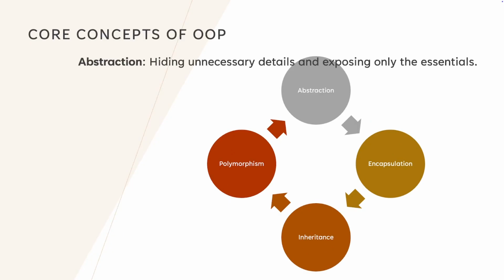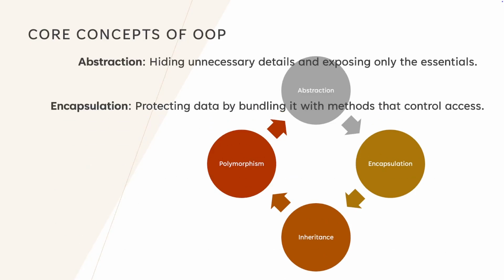Abstraction focuses on hiding unnecessary implementation details and exposing only the important functionality, like an API. Encapsulation protects data by bundling it with methods that control access, ensuring security and reliability.